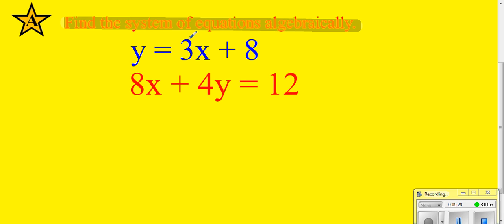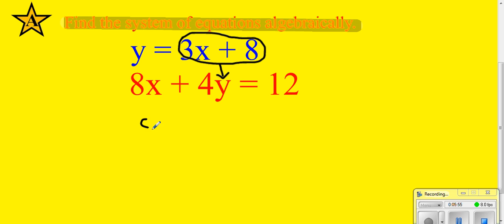So the 3x plus 8 I'm going to circle because that's the one that's equal to y. And I am going to substitute this 3x plus 8 right there. I'm going to put this 3x plus 8 in for y because that is y. They're telling me y equals that. So that's what I'm putting right there.